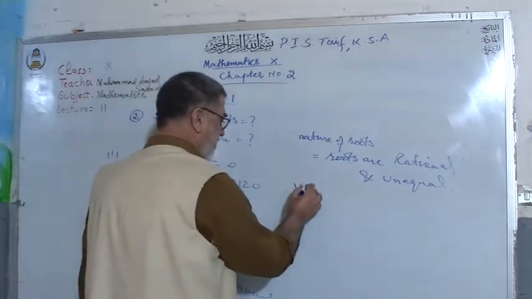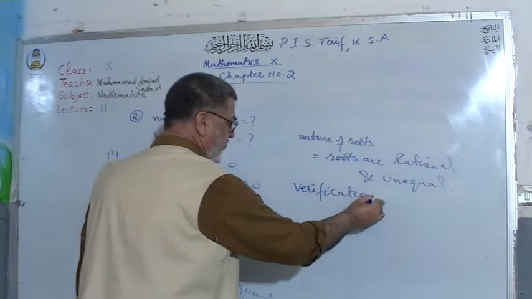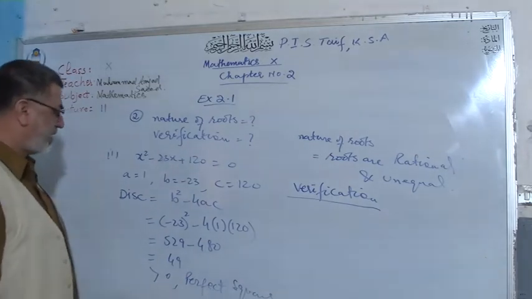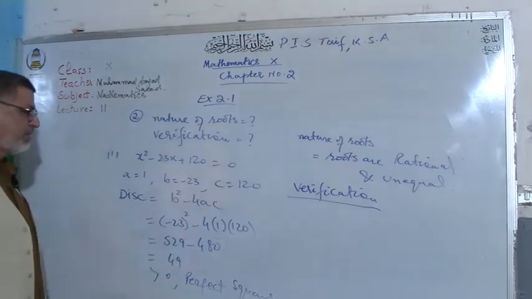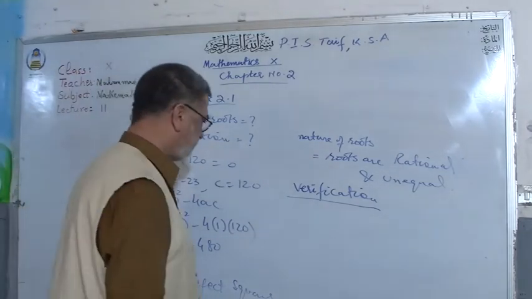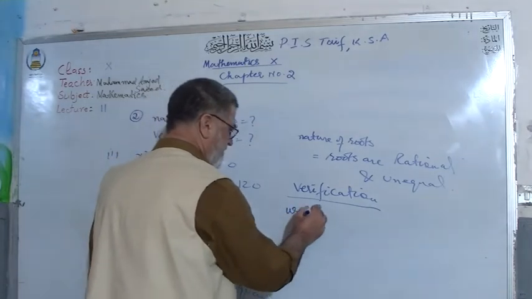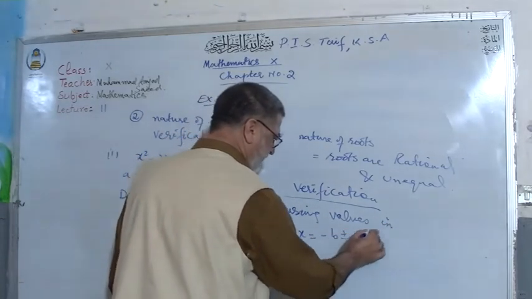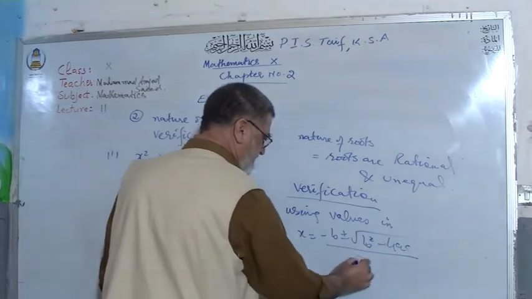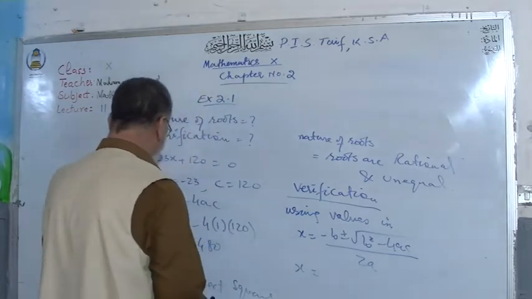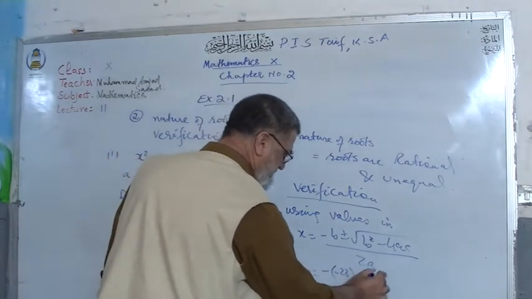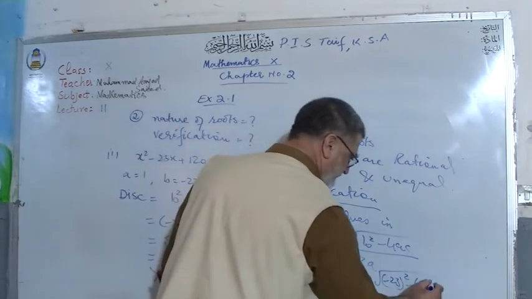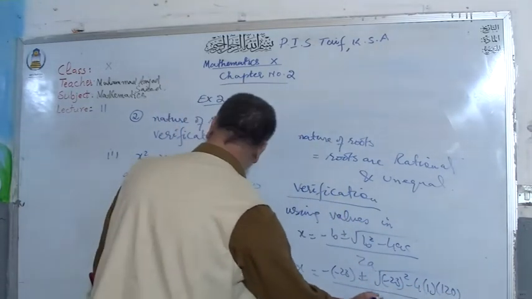For verification, we will solve the equation, using these a, b, c values in our quadratic formula: x is equal to minus b plus minus square root of b square minus 4ac over 2a, x is equal to minus of minus 23 plus minus square root of 23 square minus 4 into 1 into 120, divided by 2 into 1.